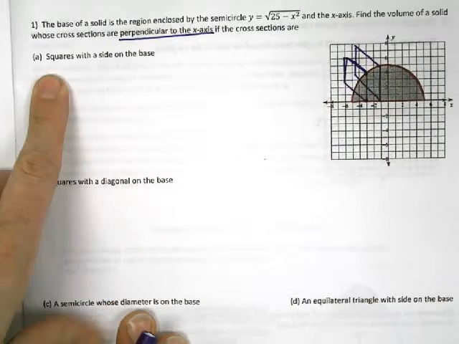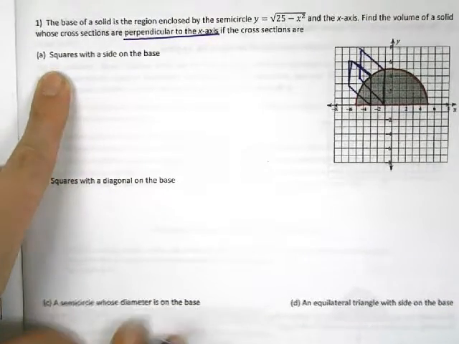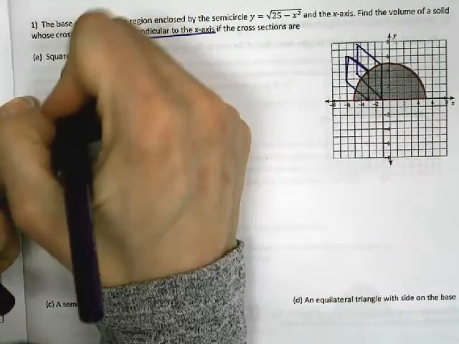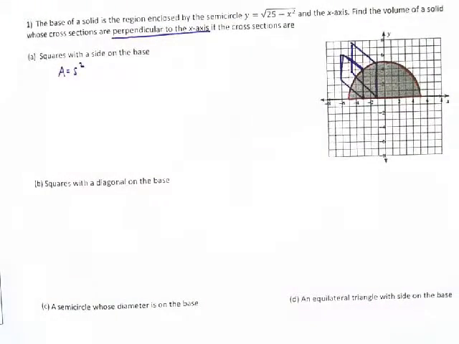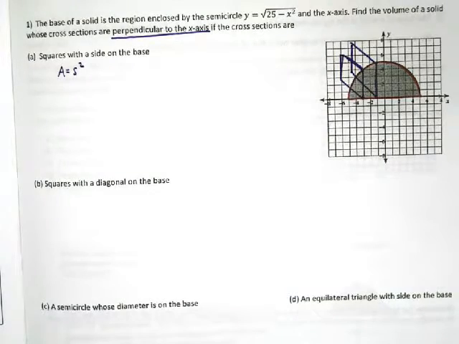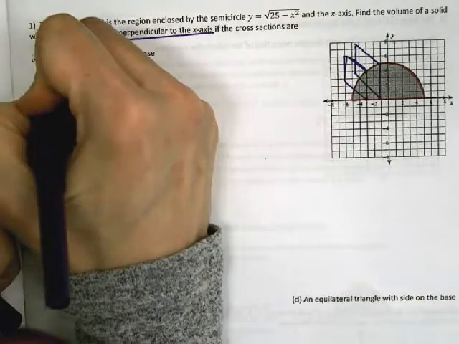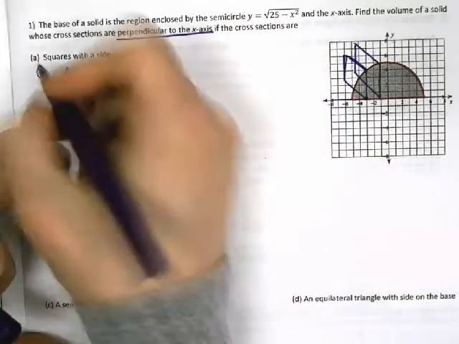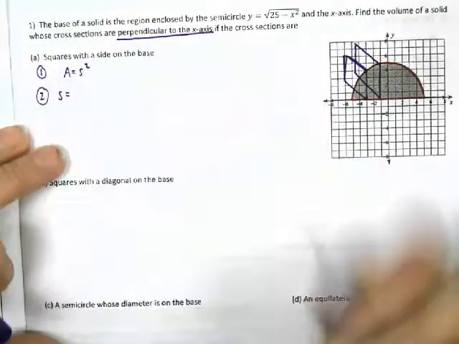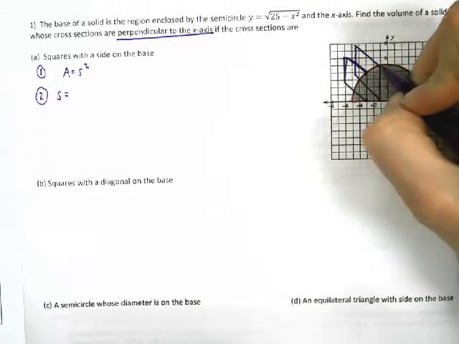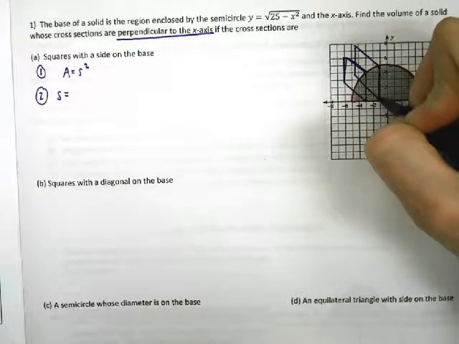So here's how I kind of approach these problems. I know I have squares, and I know my formula is area equals S squared. So that's the first thing I do, I get my area formula set. So that's kind of my number one. Now the second thing I need to figure out is what is S? Well, I know that S is this segment here.